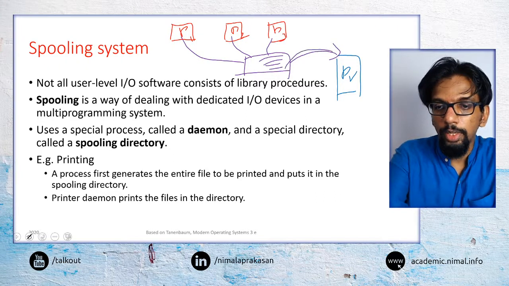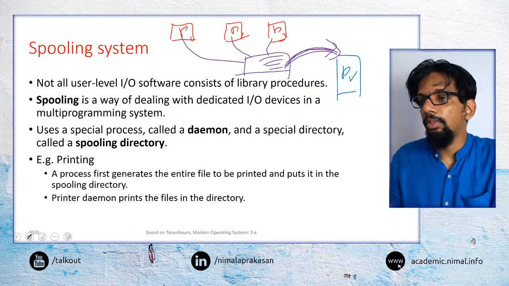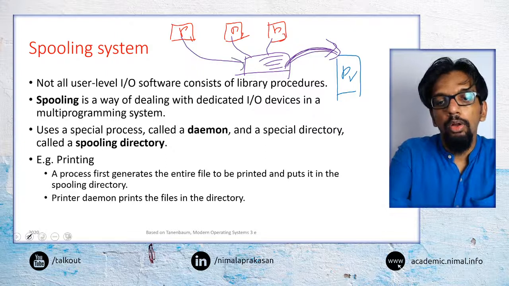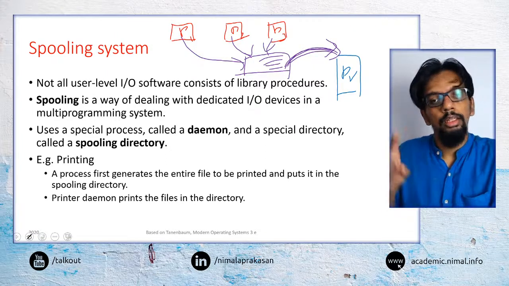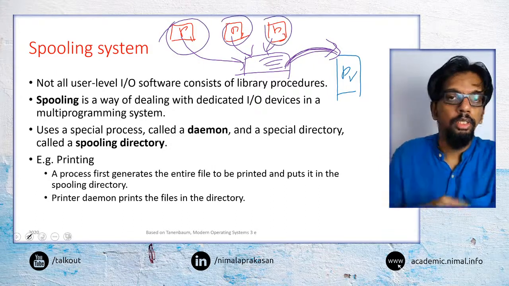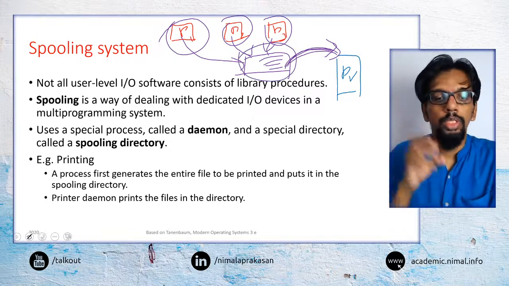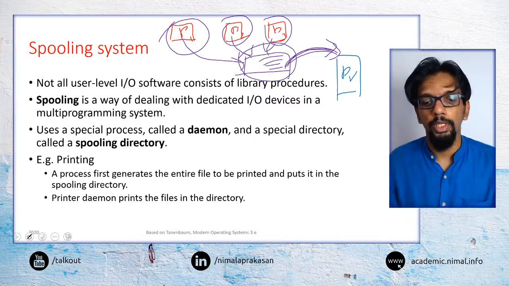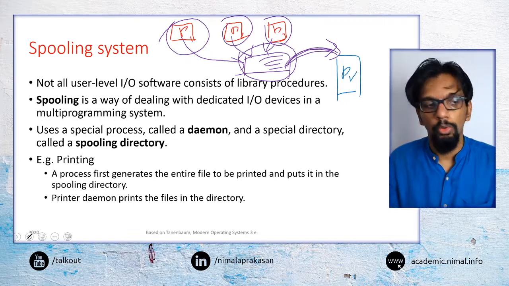So this printing daemon or the spooler will have access to the printer all the time, all the requests will be coming into the spooler, and then printing will happen like that. So these individual processes need not be allocated to the printer directly, and they can print through this common special process. So that may also be there in certain operating system environments depending on certain input output devices.